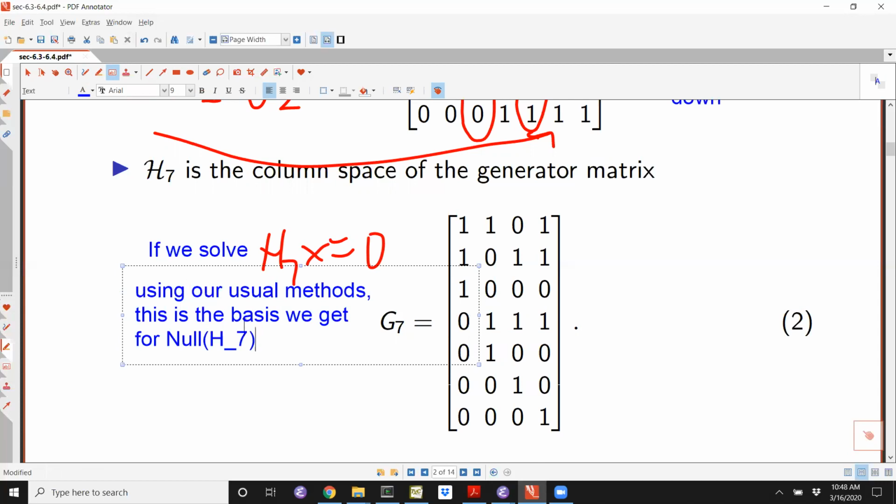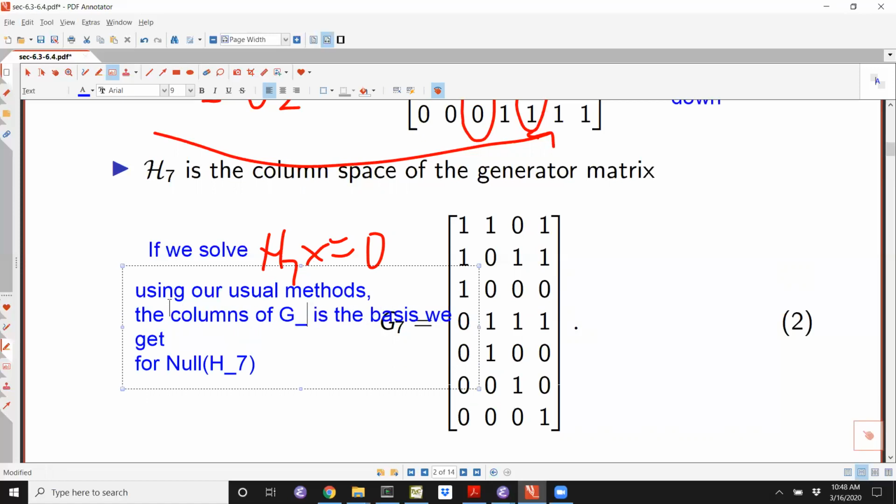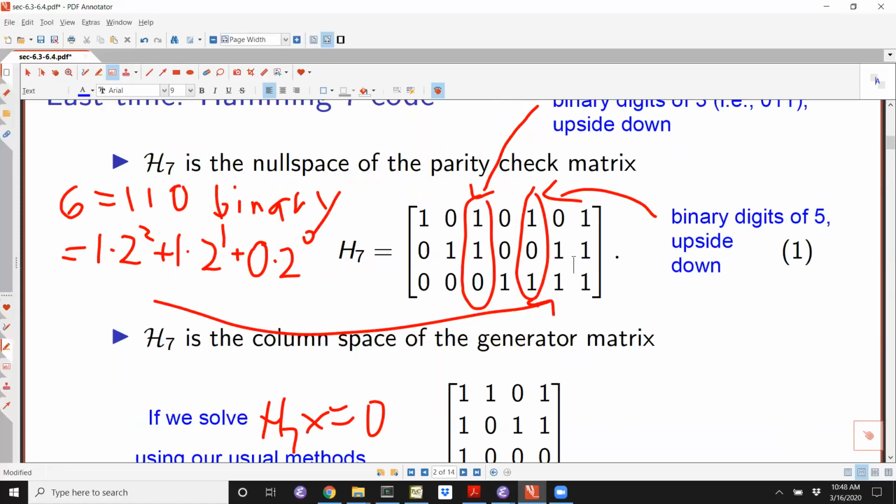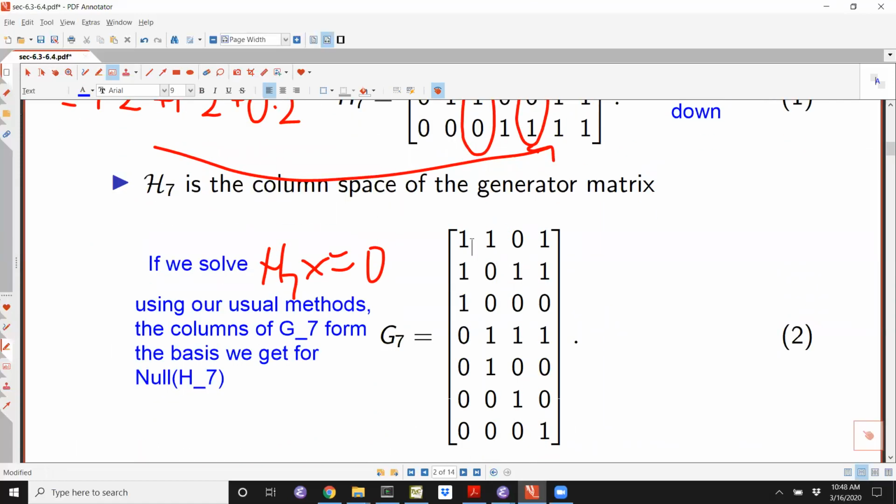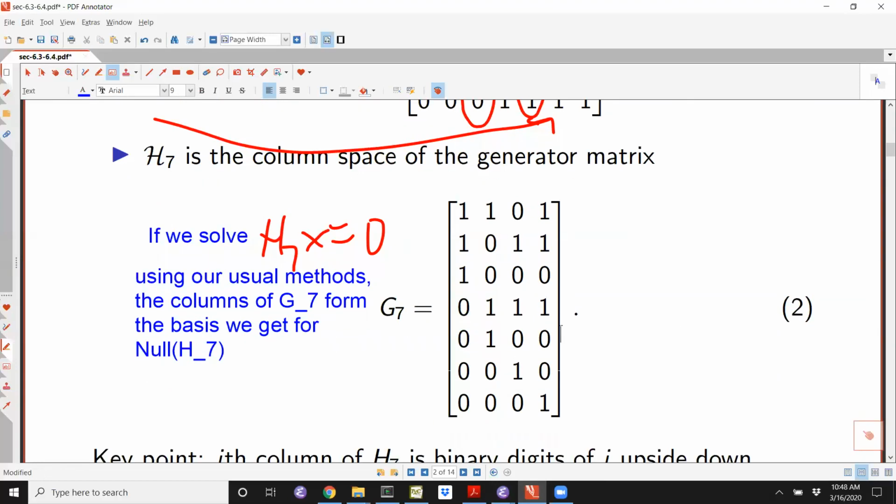Or rather, the columns of G7 form the basis, the standard basis that we get for the null space of H7. If you just do chapter 5 on this set of equations, which is already in reduced row echelon form, this is exactly what you get. Than, did that answer your question? Yes, thank you. Excellent. Thank you so much for that question.